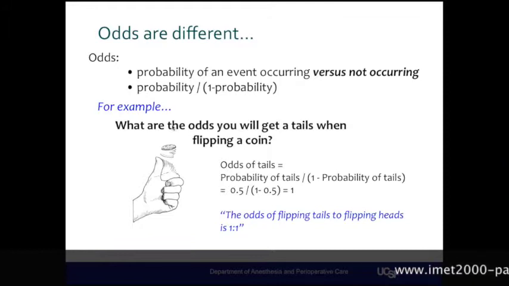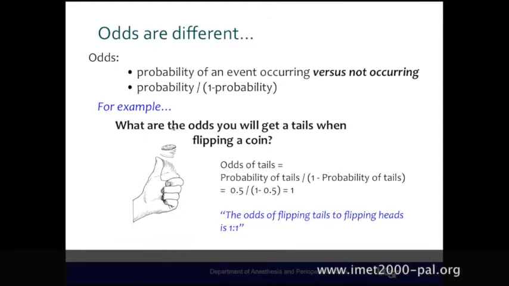So talking first about probability. Probability has a range between 0 and 1, and this is really a proportion, a proportion of times you would expect to see a binary outcome per number of total events. An example would be when you toss a coin. Let's say you toss the coin 100 times, and suppose you measured that it landed on one of its sides, which you call tails up, 50 times.